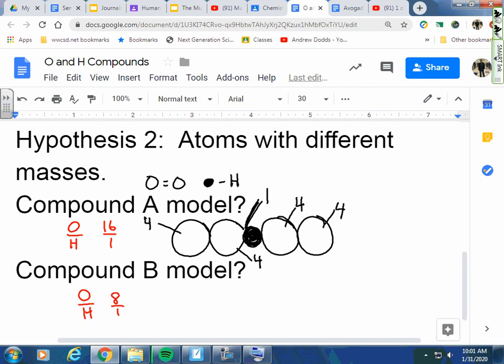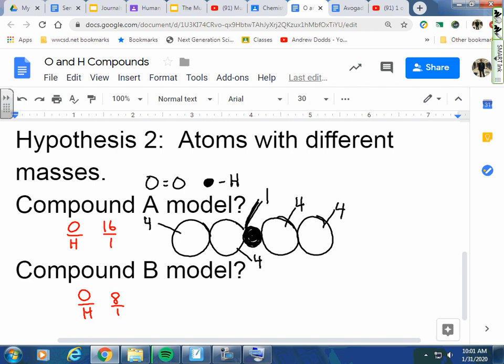So when I compare between Model A and Model B, in this first model up here, the mass is 4 for the oxygen. So when we come down here, we should try to make the mass of oxygen the same.